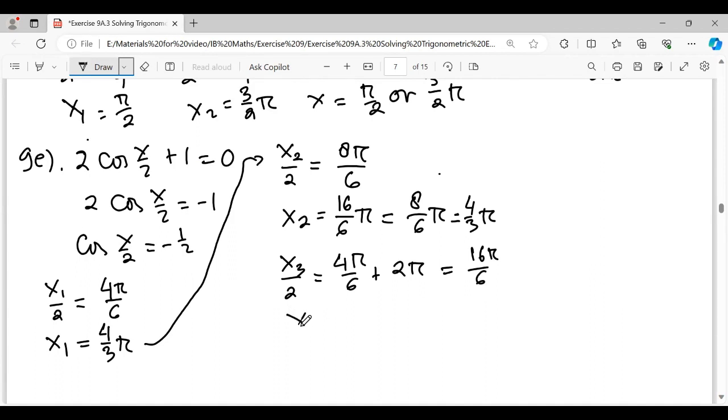So x3 times 2 is 32, which is over 2 pi.